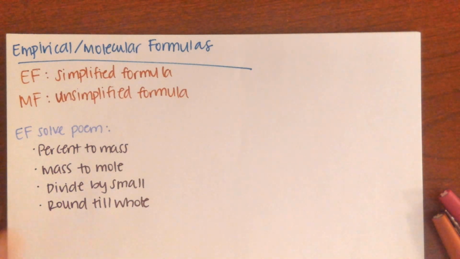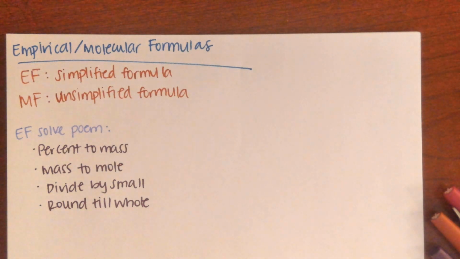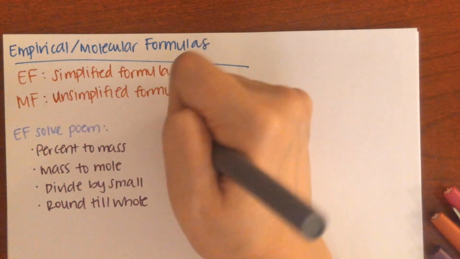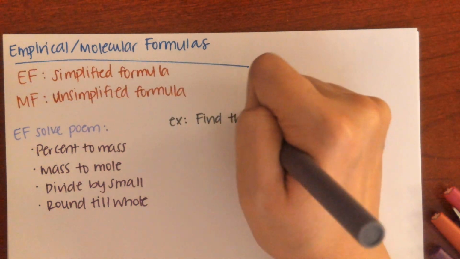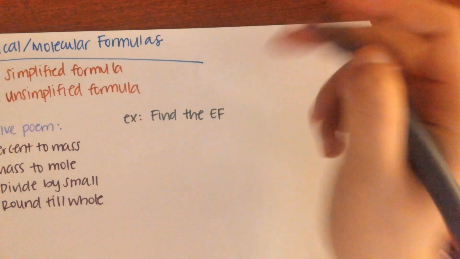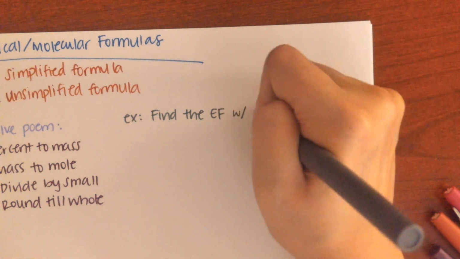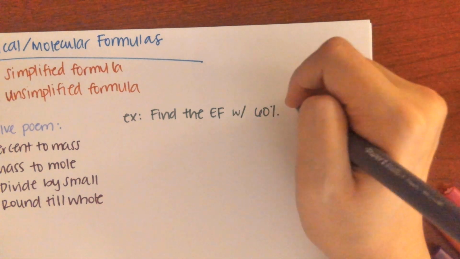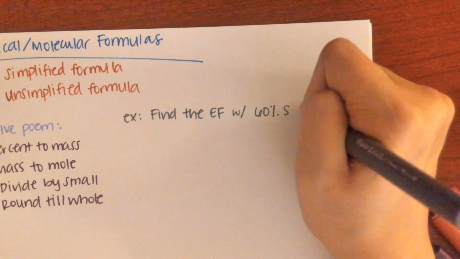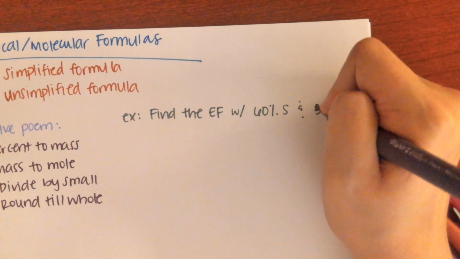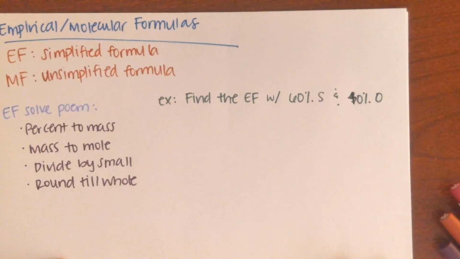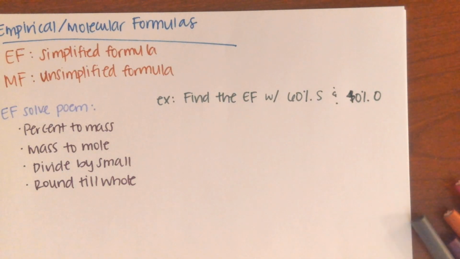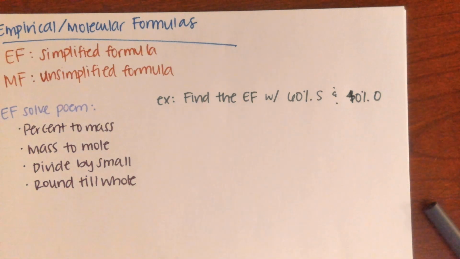Alright, so let's just use this poem for our example. Find the empirical formula with 60% sulfur and 40% oxygen. Alright, so the percent to mass, our first line of the poem.